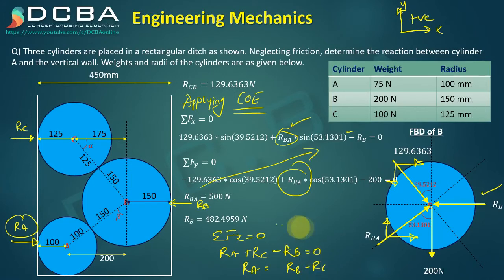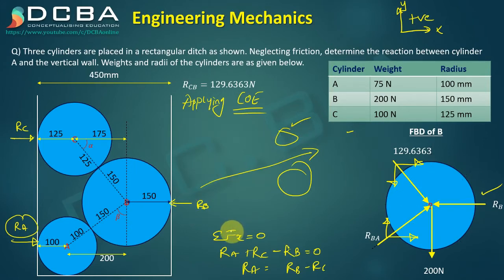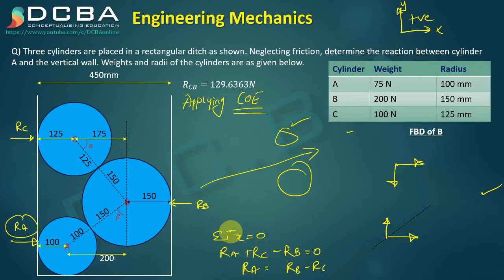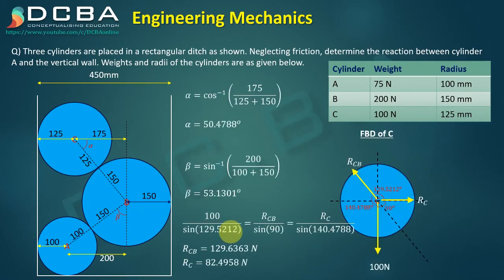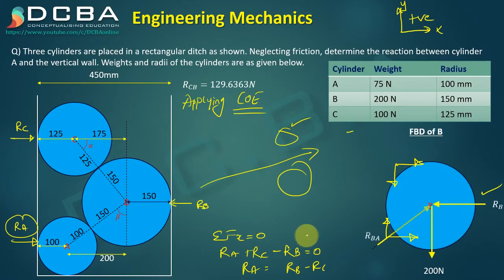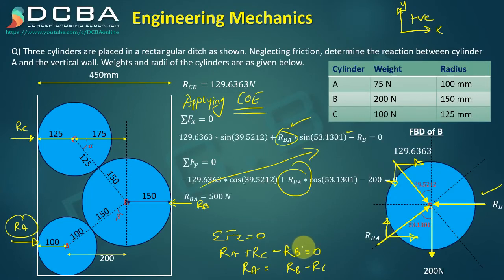If you remember, RB is 42.4959. Let us see what RC was quickly. So RC was 82.4958. So RB minus RC, if I do, I'll get RA equals to 400 newtons directly.